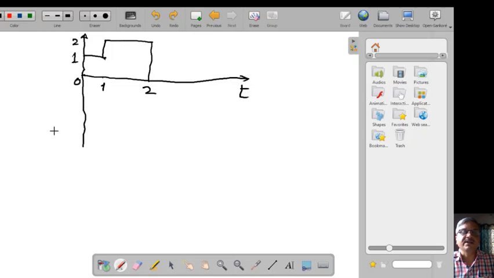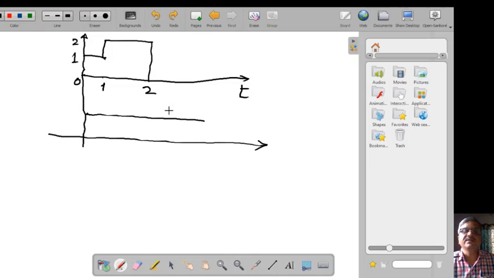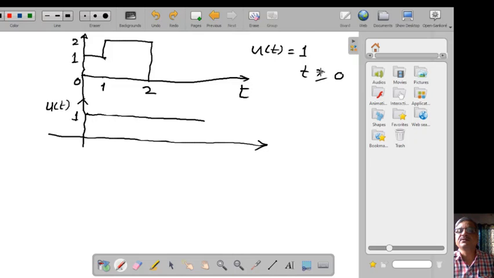Now, if you know very well, the u of t signal is given by the expression like this. So my u of t signal, its amplitude is simply 1, and I already defined that u of t is equal to 1 for t greater than or equal to 0, and it is 0 for t less than 0. So we have defined this signal in our previous class.